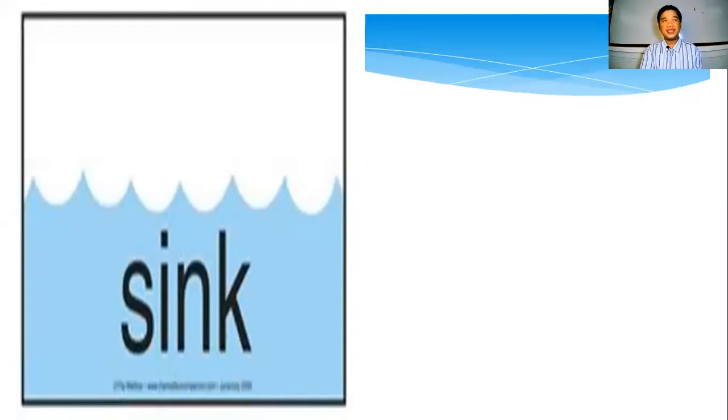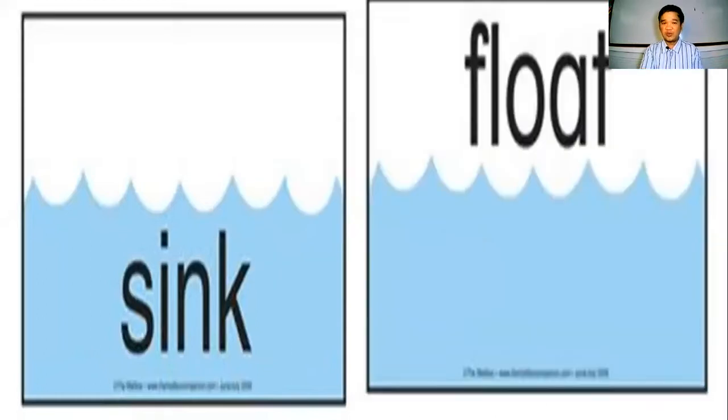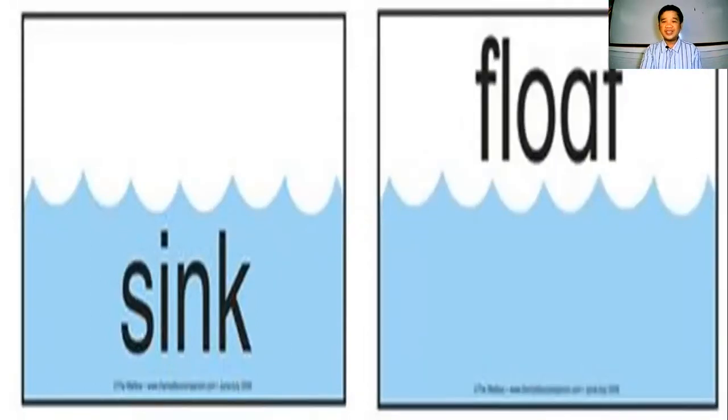During the first meeting, you were able to know what is sink and what is float, right? So what are those examples of things capable of sinking, and what are those things capable of floating?